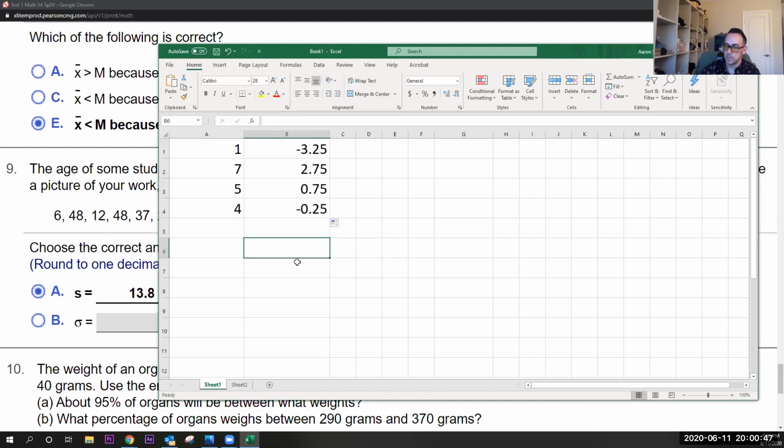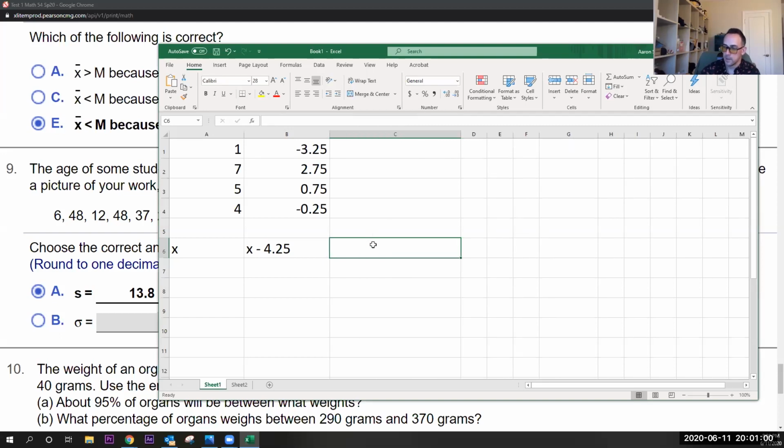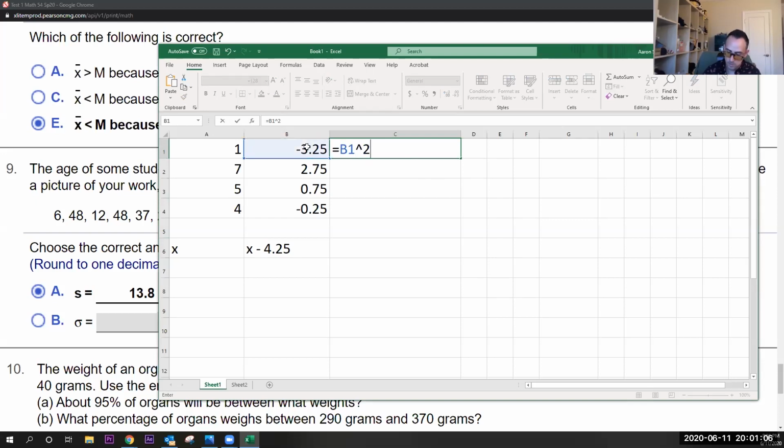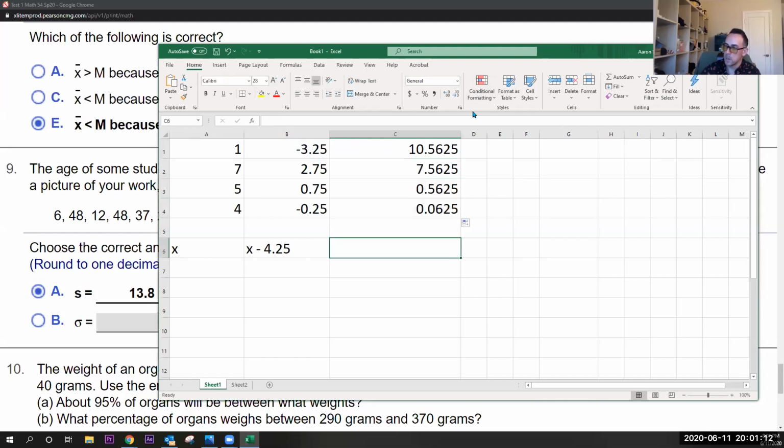So do you see what I did? I just did x minus 4.25. That's what I did here, and this is just x. And then I would just square that. I would say that this equals this value raised to the 2.